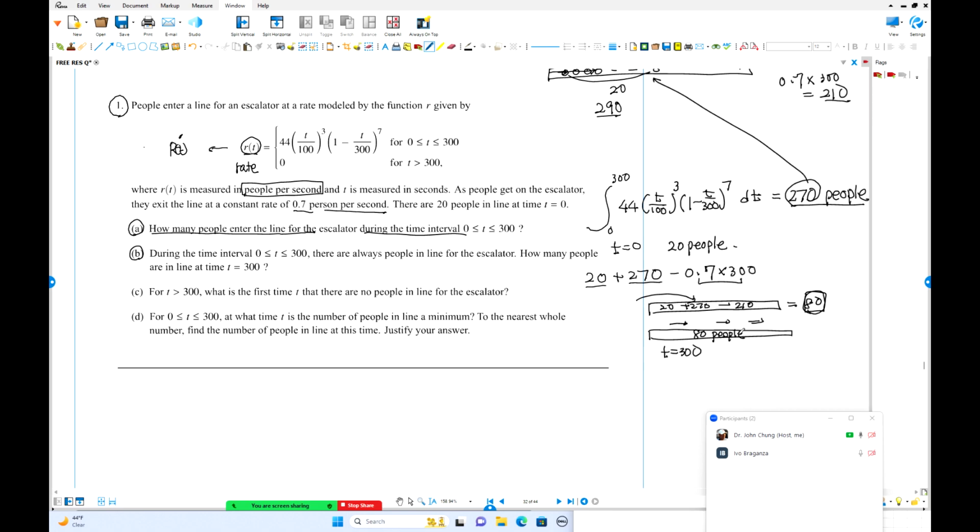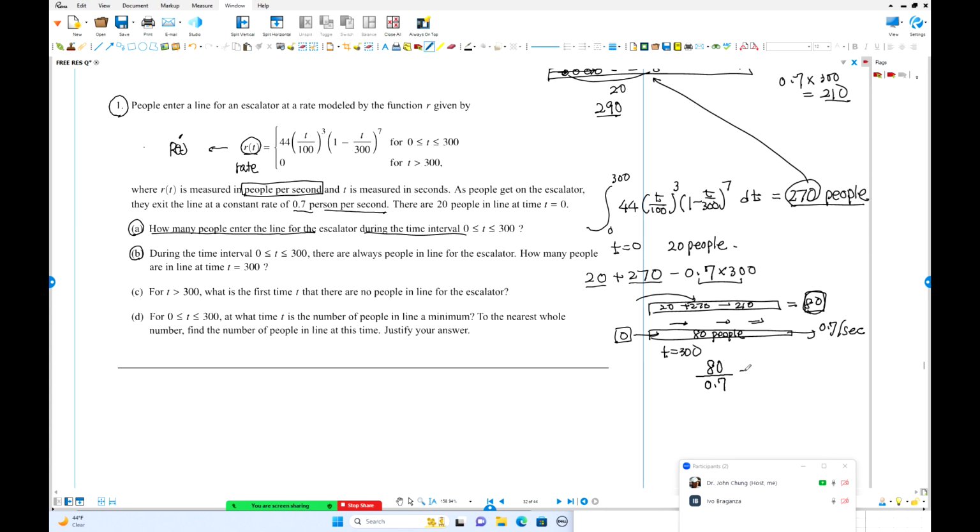Now for the first time there are no people in the line: nobody came in there, so zero. But 0.7 people per second will be out of this escalator. It takes time for all 80 people to leave this escalator, but only 0.7 people every second go out. So the total time is 80 over 0.7.